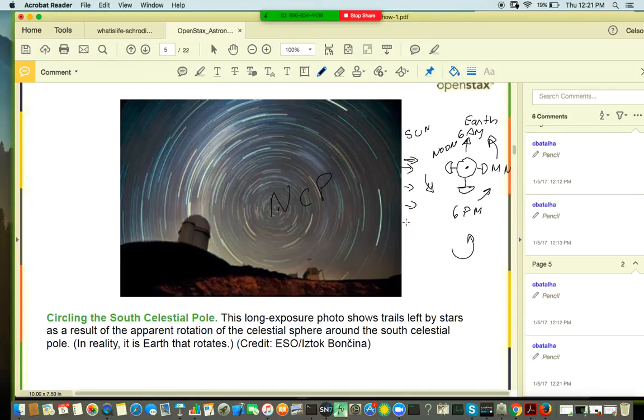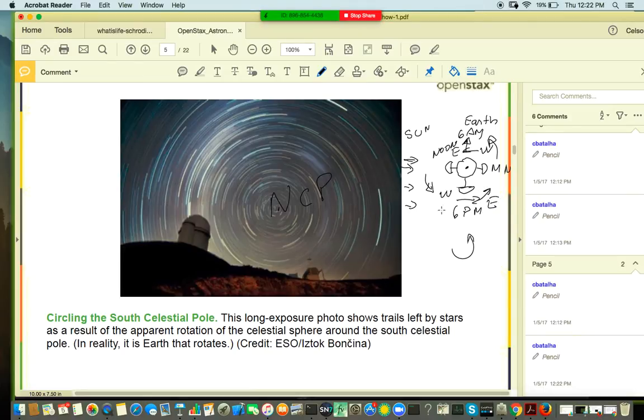So what we just saw in the Starry Night software as being stars rising in the east and setting in the west is because Earth itself rotates in space from west to east.